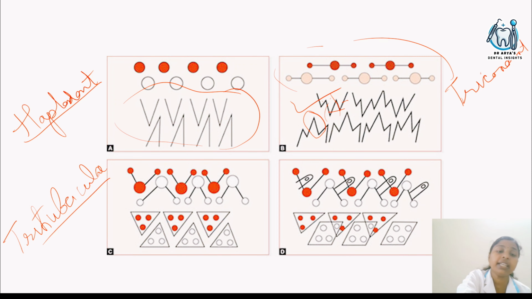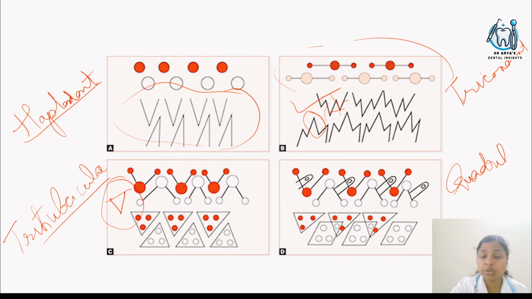So this is a tritubercular arrangement, and this is the more efficient three-cornered molar arrangement. And next, this is the quadritubercular class or quadritubercular arrangement. It reflects an occlusal contact relationship between teeth of upper and lower jaws. Articulation of jaws and teeth is consistent with the jaw movements and functions of these classes of teeth.